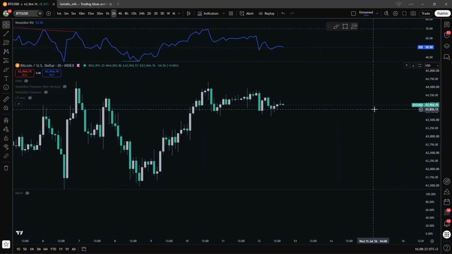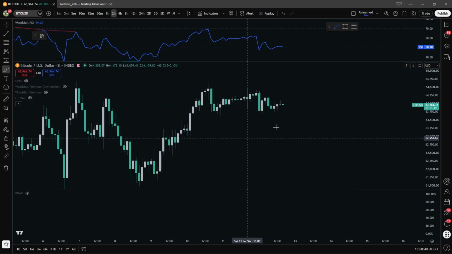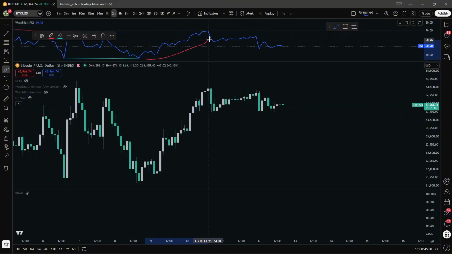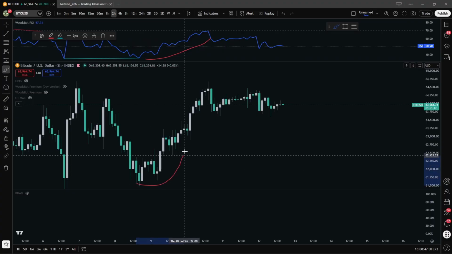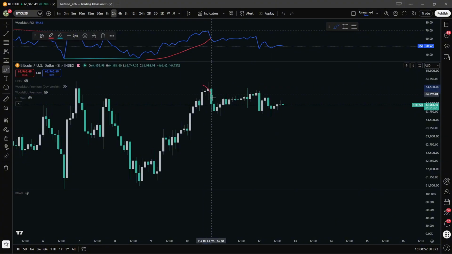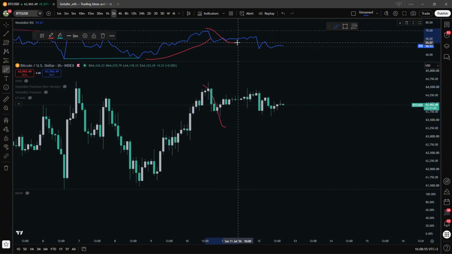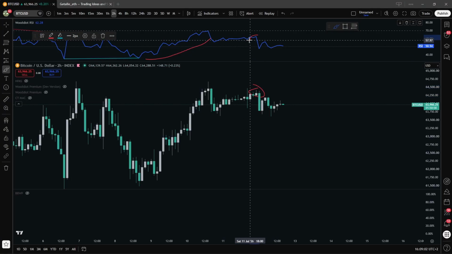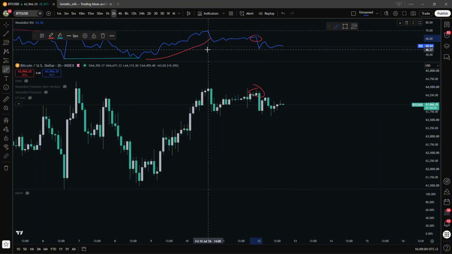We can see on the RSI indicator that the RSI is trending, making higher highs and higher lows, the same way price action is making higher highs and higher lows, right? Then we can see price action is going down and the RSI is going down as well. We can see we have a high right here, and we also have a high right here on the RSI indicator. So basically RSI follows price action.